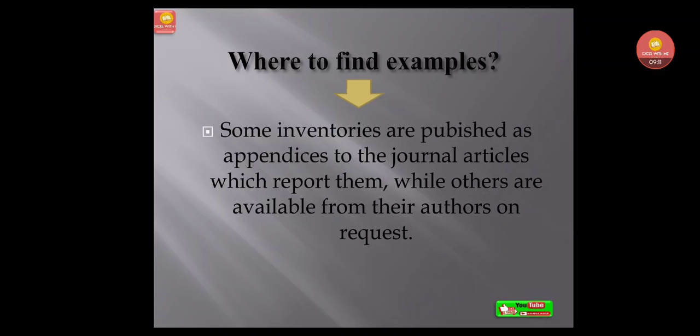Some inventories are published as appendices to the journal articles which report them, while others are available from their authors on request. We can purchase them also from psychological testing centers. If your inventory is not available, then consider developing your own as outlined above.